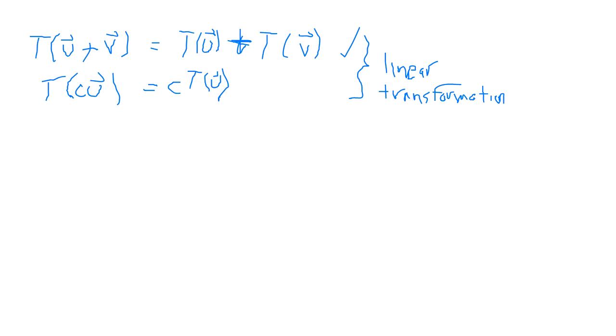All right. So I see these two rules, and these two rules make a linear transformation. But why is that important? How can that be related to what we're learning here?